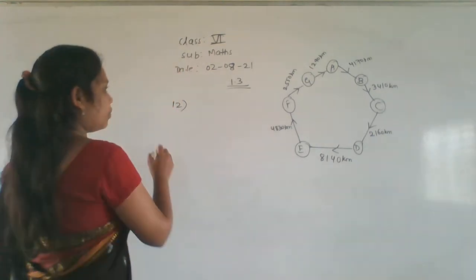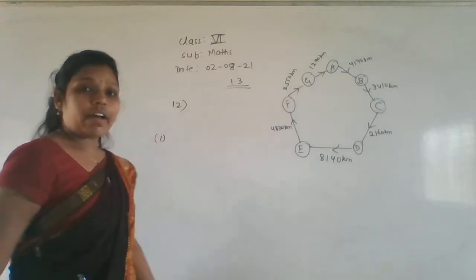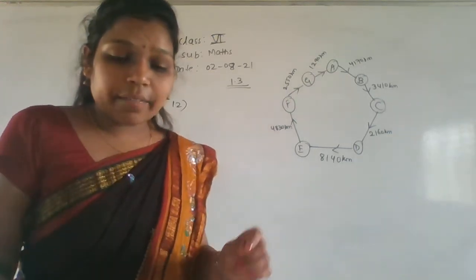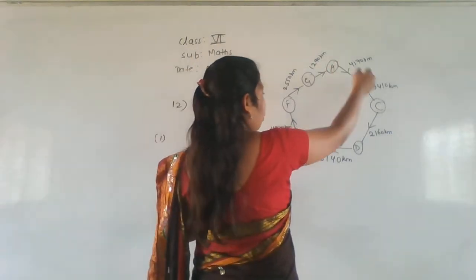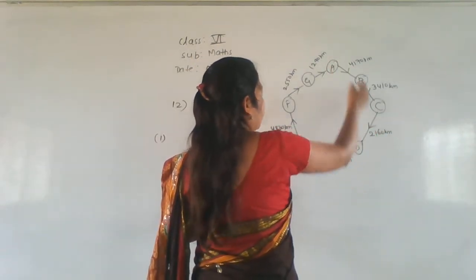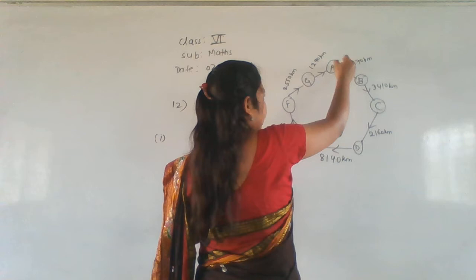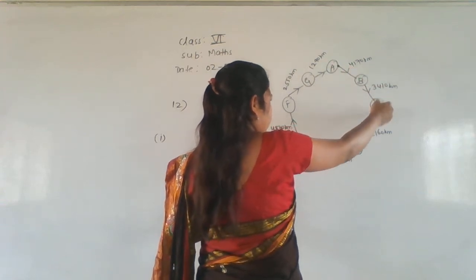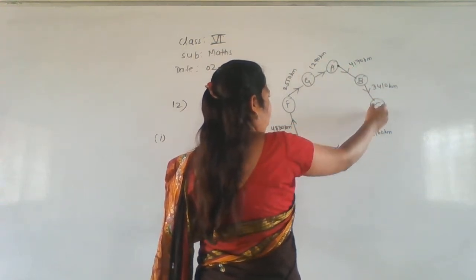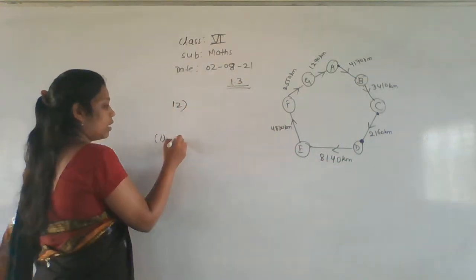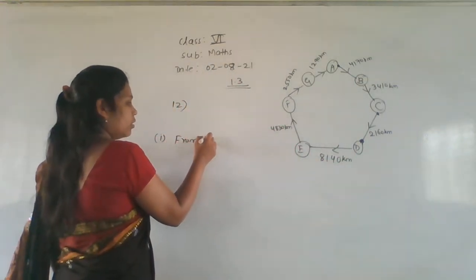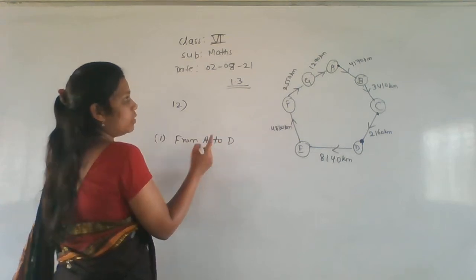First question. What is the first question they have given here? Find the distance covered by the bus from A to D. A to D here. From this A to B, B to C, C to D. This much distance we have to add here. From A to D, distance.